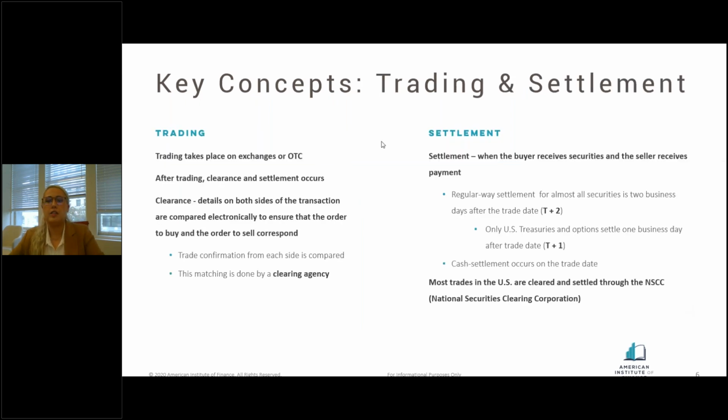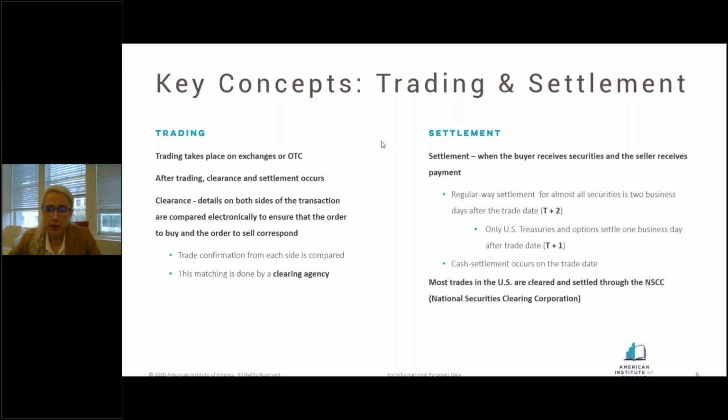Then the third concept is trading and settlement. That's also highly tested in the SIE exam. So trading essentially takes place on exchanges or OTC, or over the counter. So after trading, what happens is that you have to clear and settle the trade, right? So clearance means that the details on both sides of the transactions are compared electronically to make sure that the order to buy and the order to sell match.